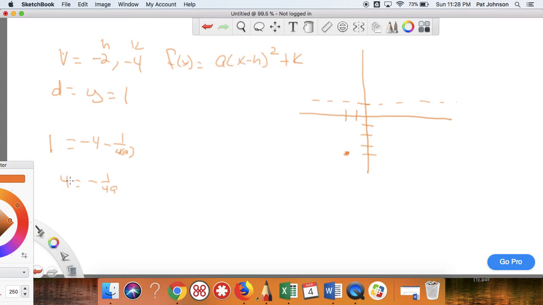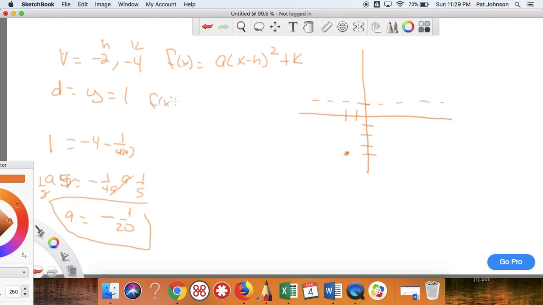Times a, this cancels out. Then I'm going to multiply by 1/5, because since I have a fraction, I don't mess up on my fraction rule. So a equals negative 1/20. So that's all I need for my equation.